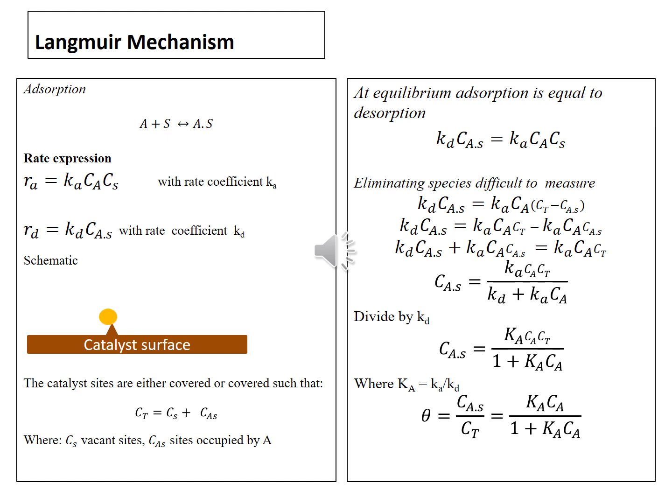Terms that are not measurable are the number of vacant sites at a given time, and also the number of sites occupied by A or any other adsorbate. And this is where the total site balance comes into play. We will see how we use it later on.